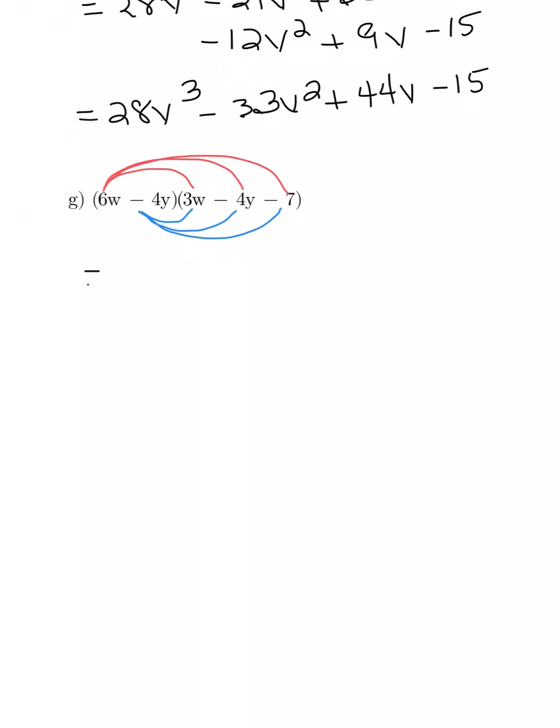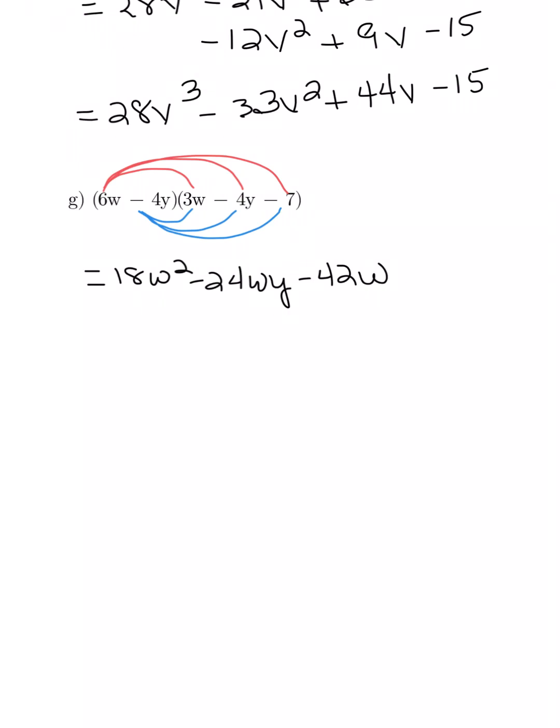So to get started on that, 6w times 3w will be 18w squared. 6w times negative 4y will be negative 24wy. 6w times negative 7 is negative 42w.